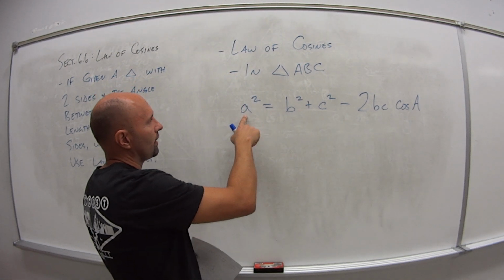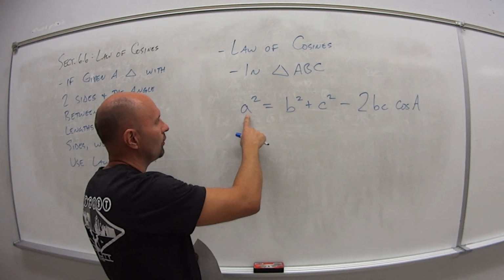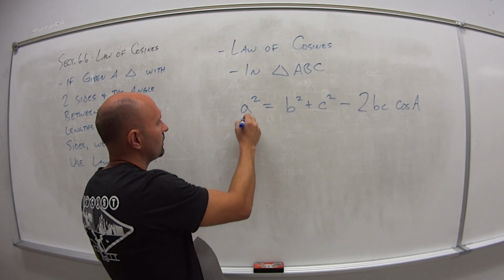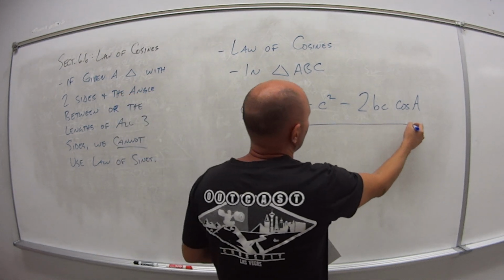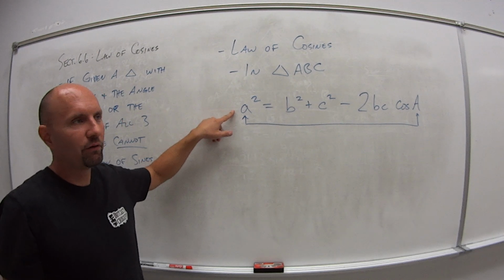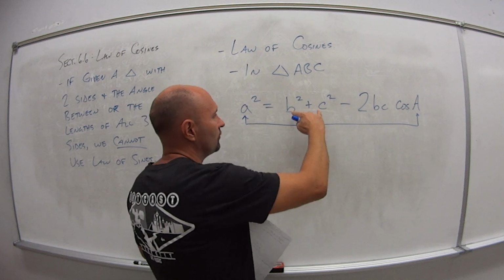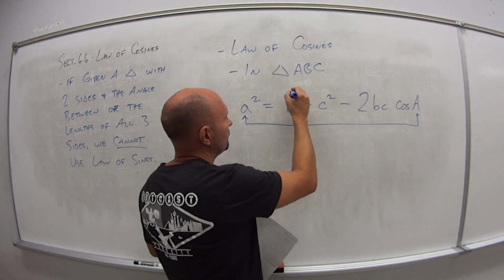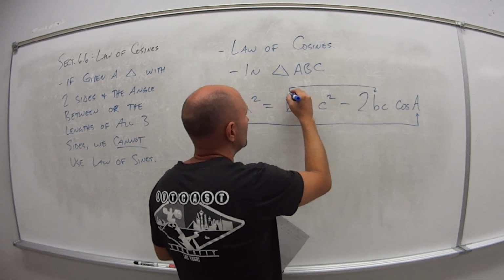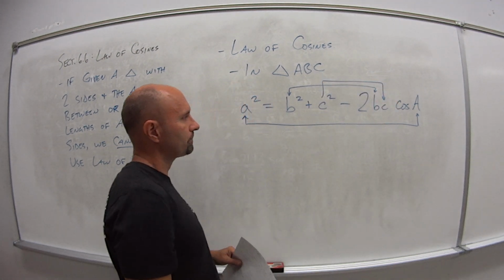Whatever side we're trying to find, or if we're trying to find an angle, these match up. If we're using angle A, the cosine of A matches up with what's on the other side of the equal sign. Then we just square both sides, and B goes here, C goes here.